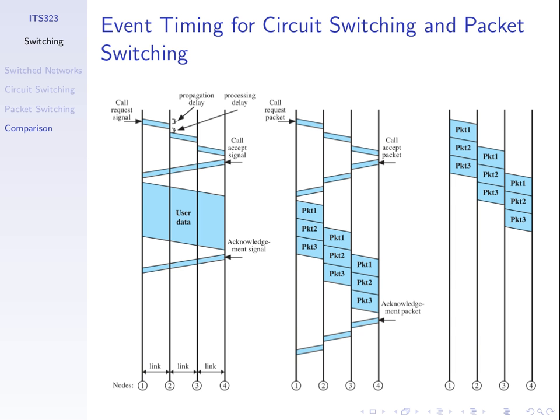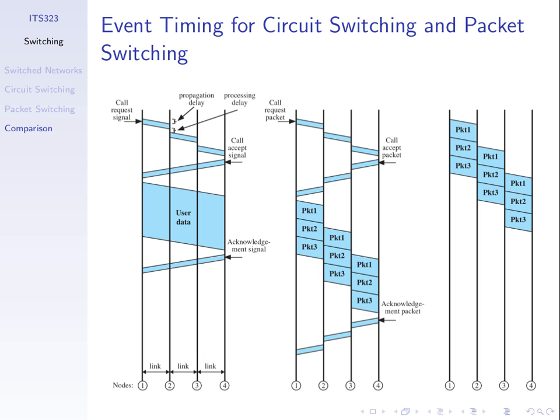However, in practice, we can reserve resources, but sometimes it's not 100% guaranteed. We still may have packets arriving at a switch, and some packets may be queued. So there still may be queuing delays, meaning the delay cannot be guaranteed. With circuit switching, the delay can be effectively guaranteed for our data.